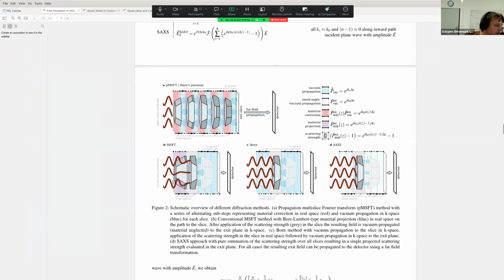So with MSFT, you use the density of the material to weight the scattering a little bit.